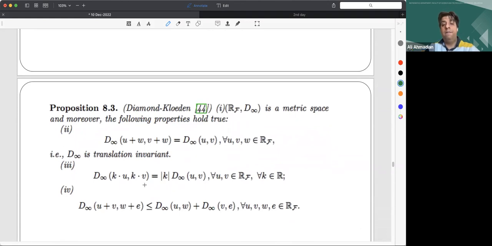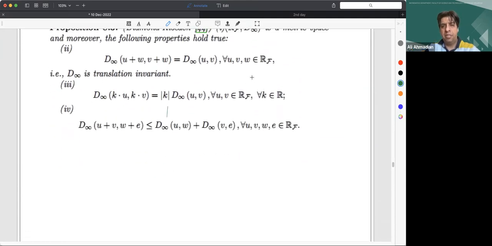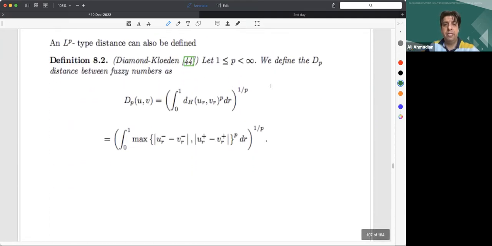Or if we have the multiplication by an arbitrary constant k belonging to the real number line, then d of k times u and k times v is equal to the absolute value of k times the Hausdorff distance of u and v. And the last one is that the triangle inequality also holds for the Hausdorff distance. These are three important properties of the Hausdorff distance.